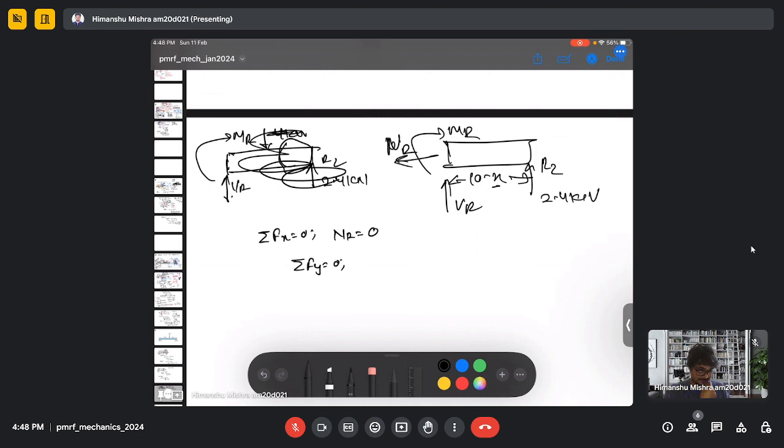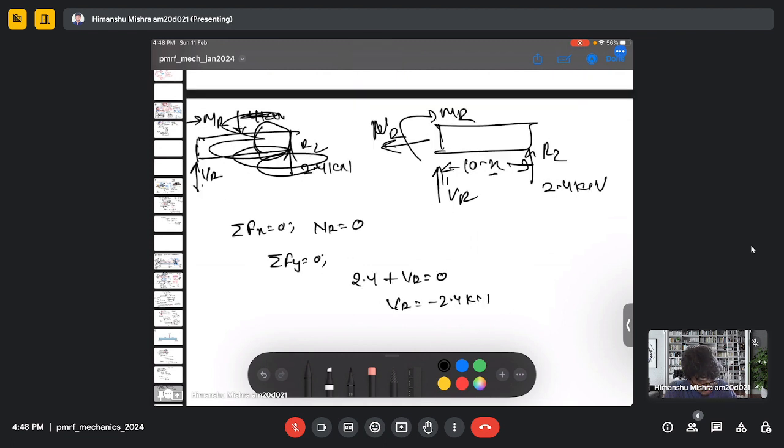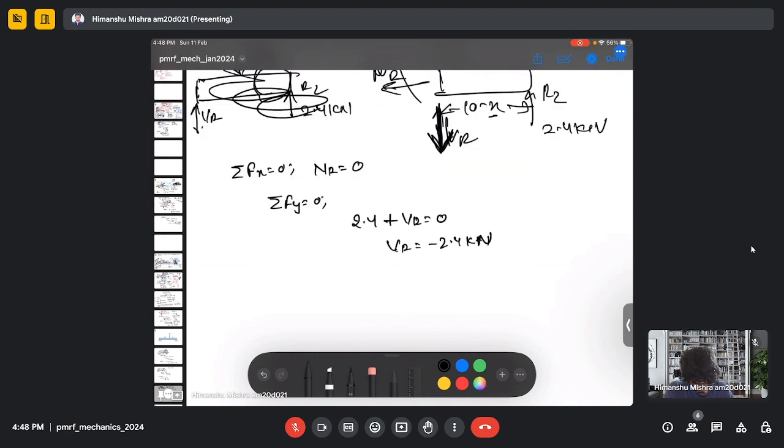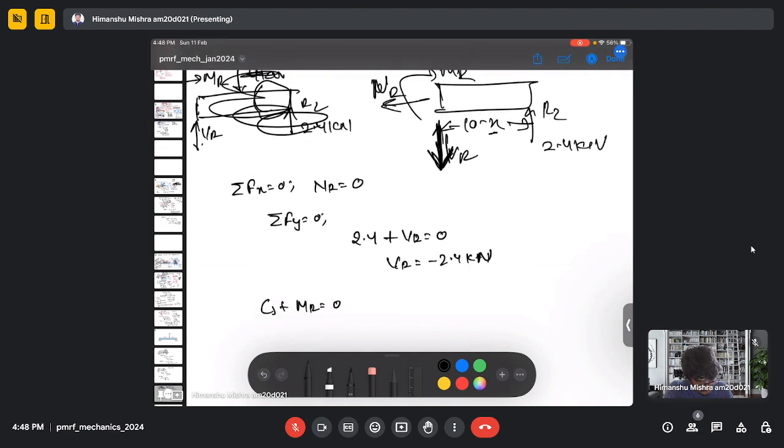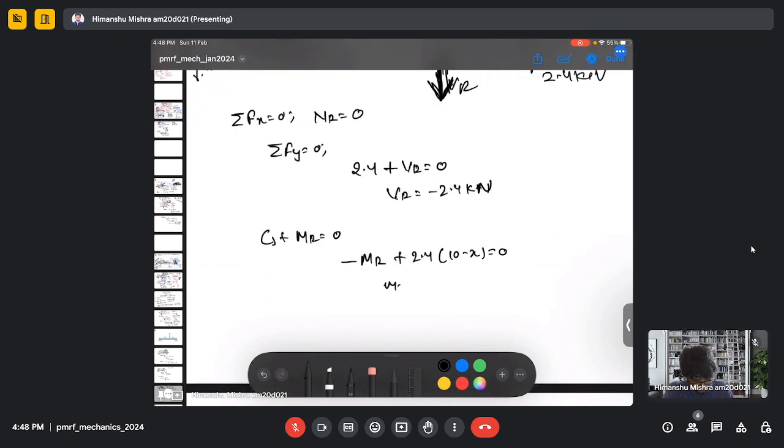For the vertical force, it will be 2.4 plus VR equal to 0, so VR will be minus 2.4. So VR is in this direction, and my moment will be minus MR plus 2.4 times (10 minus x) plus 0, so 2.4 times (10 minus x) equal to 0.